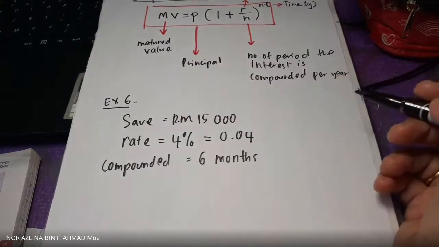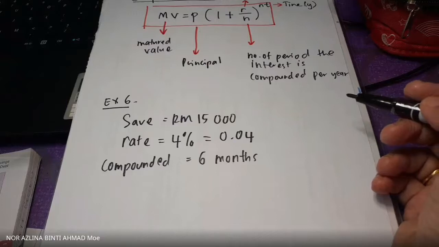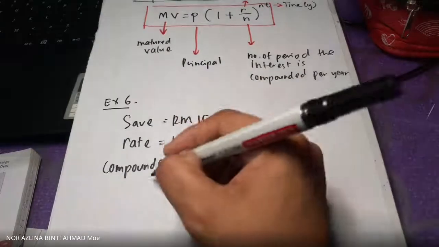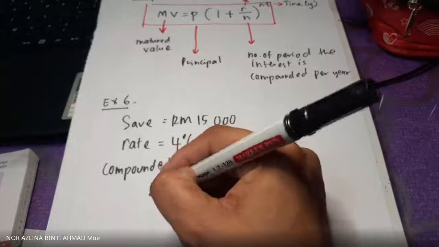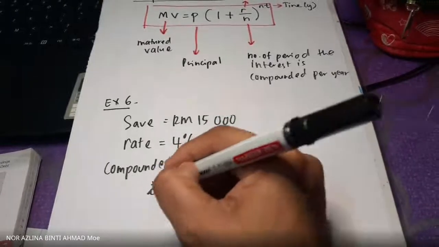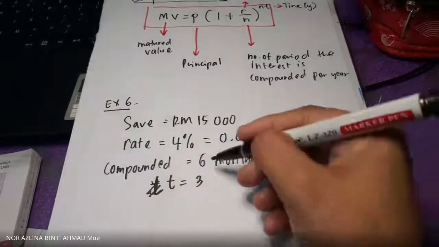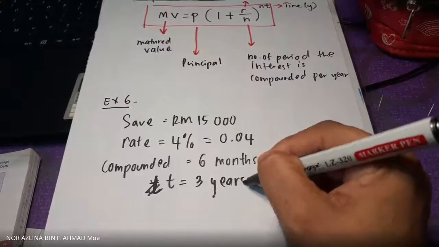What is Mrs. Liu Feng's total saving at the end of the 3rd year? So T is 3 years.